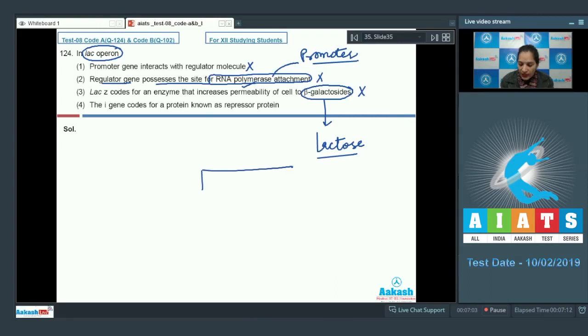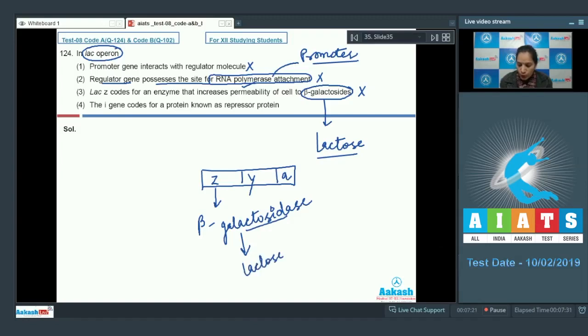In lac operon, there are three structural genes, Z, Y, and A. The Z codes for beta-galactosidase. It's an enzyme which can break down lactose into two sugars, which are glucose and galactose. The Y codes for permease, which increases the permeability of the cell for lactose.